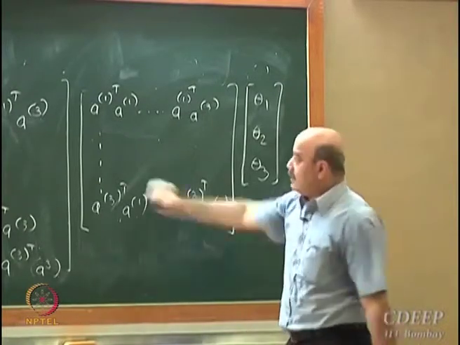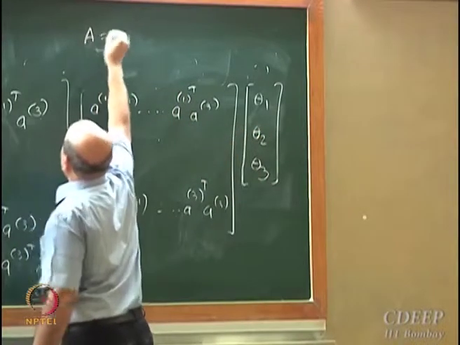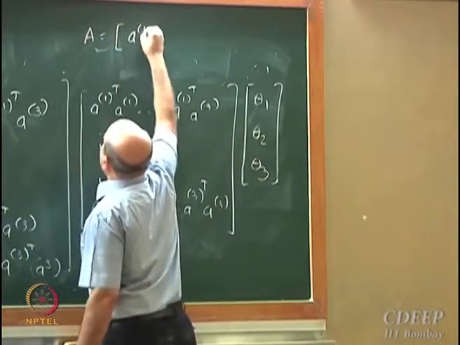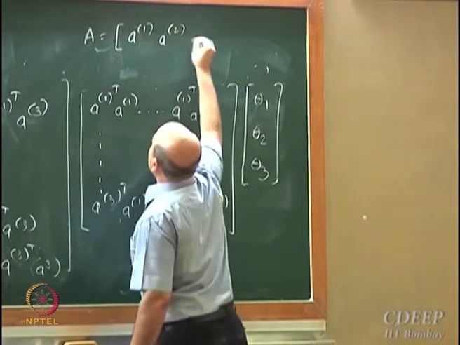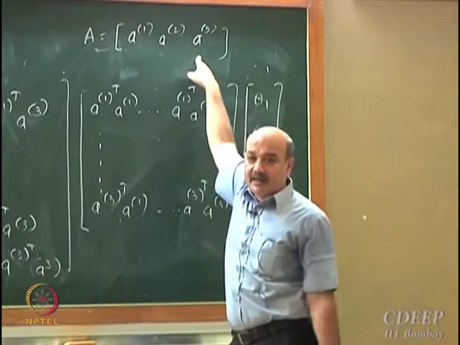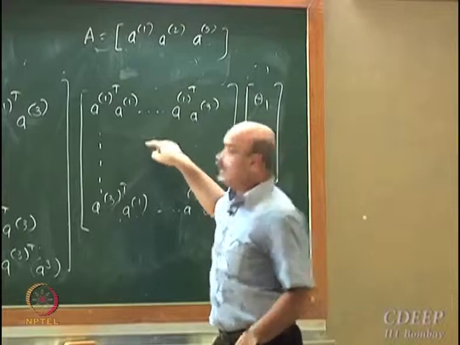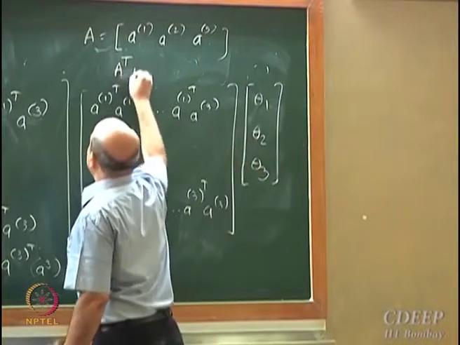Just check, this matrix is nothing but, if I start with A equal to A1, A2, A3, these being the 3 columns of the A matrix, it is very easy to check that this matrix is nothing but A transpose A.